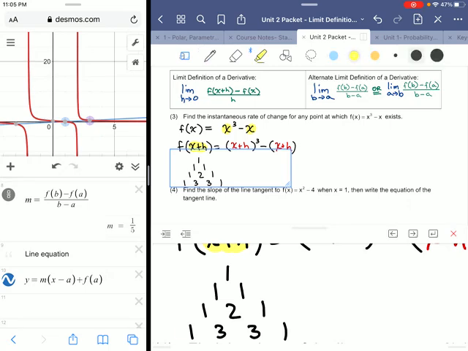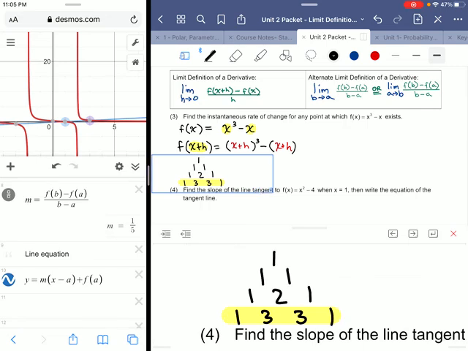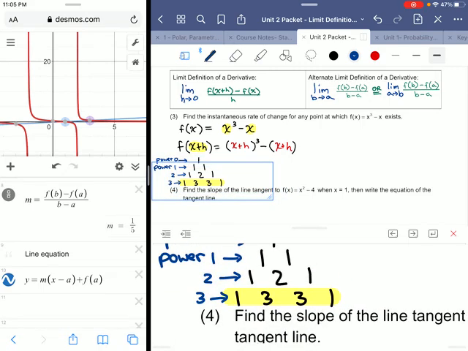The third row of Pascal's triangle is the one that we'd want, because each row corresponds to a power. Power of 0, power of 1, 2, and then finally power of 3. It goes on infinitely, but I only need it to go out as far as a power of 3.